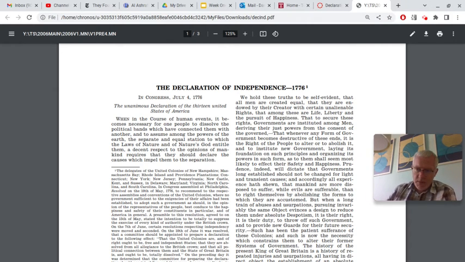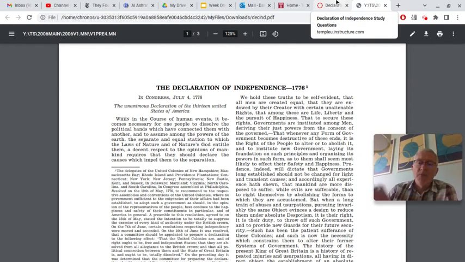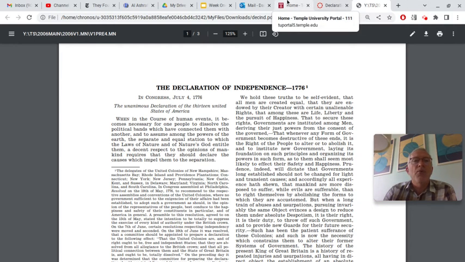So the whole right of revolution is that if government's not doing its job, if any form of government becomes destructive of these ends rather than protecting them, then a government can be overthrown. But the purpose of government, according to this document, is the protection of those unalienable rights.